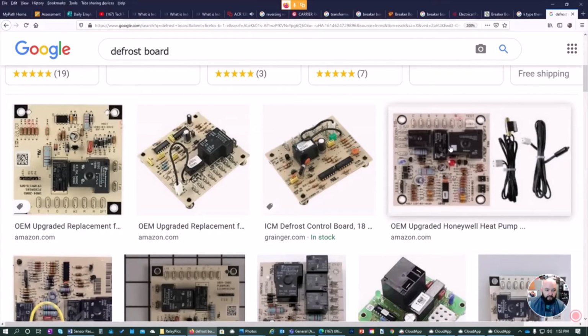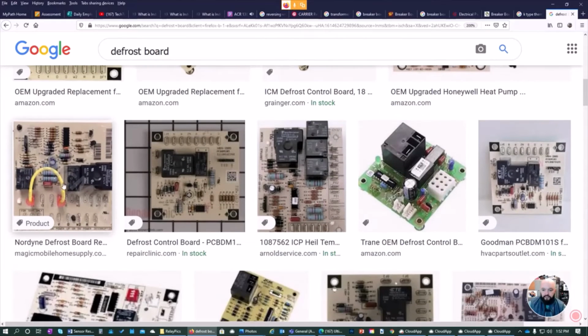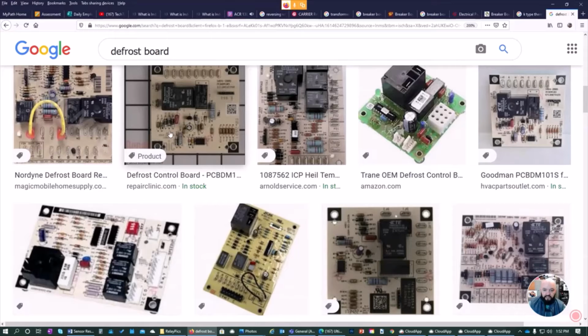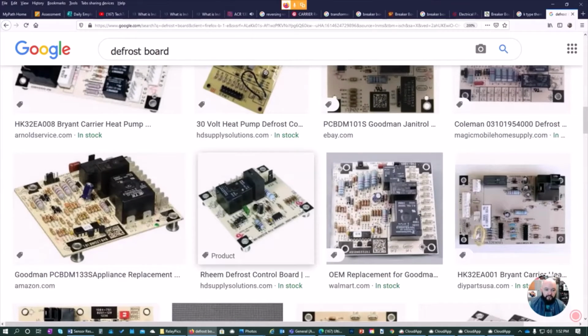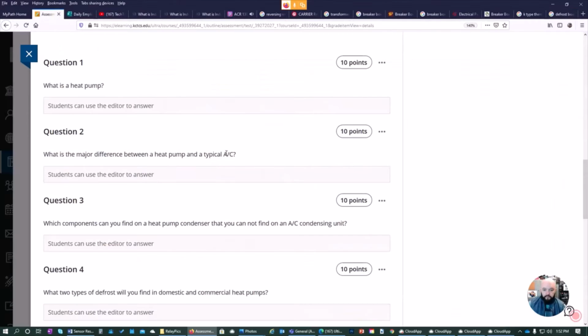Defrost boards can come as demand with thermistors, or time and temperature with just a 30-second, 90-minute runtime clock and a thermostat. The other thing a heat pump will have: it does get to the point outside where it's so cold you can't concentrate enough thermal energy in the refrigerant to meet the heat load, to keep your house warm enough.